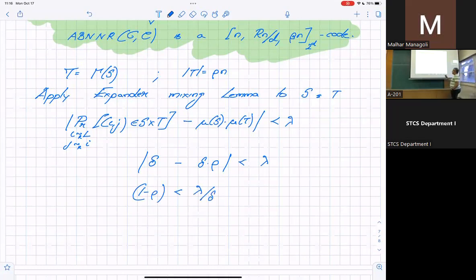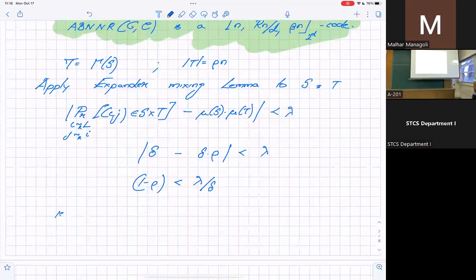In other words, the distance of this new code is at least 1 minus lambda by delta.